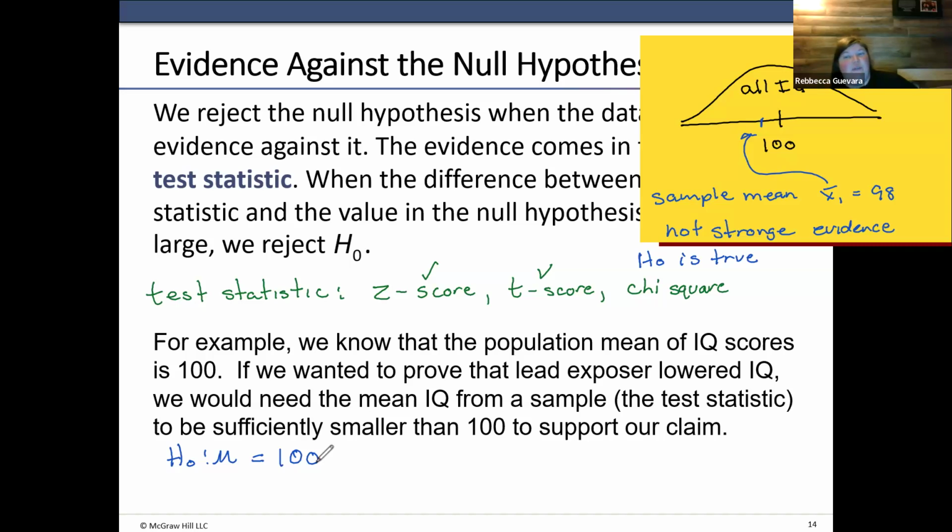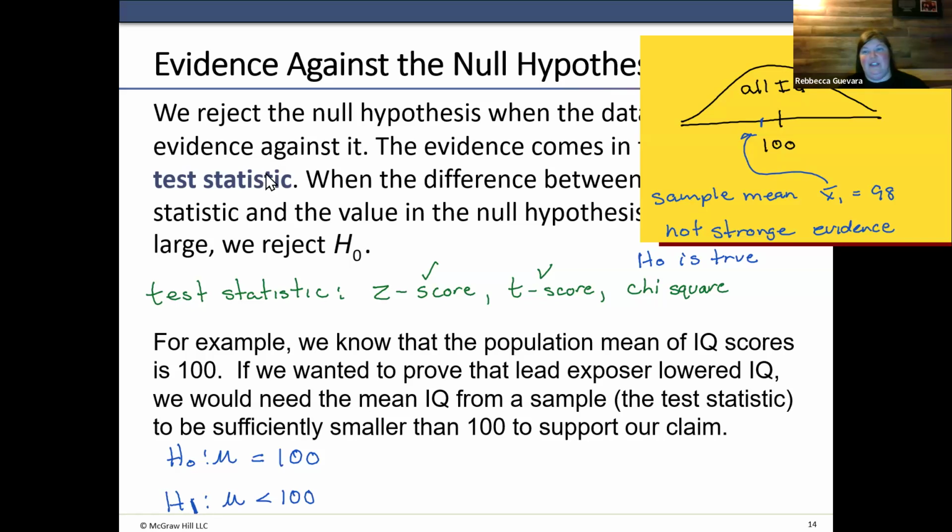It's not very far from 100, meaning that I could collect a sample and very feasibly get a mean of 98 from the population of everybody. It's very easy to do that. So it's not abnormal. Remember that abnormal is 5%. My alternative hypothesis basically would say that we think that lead exposure is lowering IQ, so the mean should be less than 100.